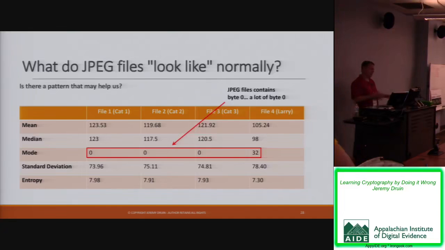So what we've established here is that we think that our encrypted file is a picture of a funny cat, because the name of the file from our traffic analysis is encryptedfunnycat.jpg. So chances are the mode of the file that we're targeting is probably going to be 0, right? Because all the other cats have a mode of 0. 0 is by far the most popular character in that file.